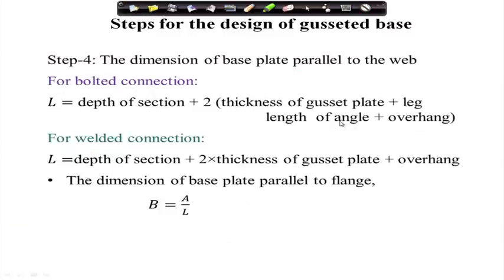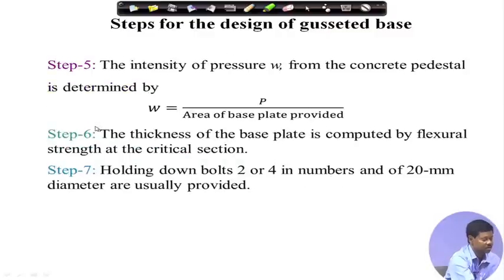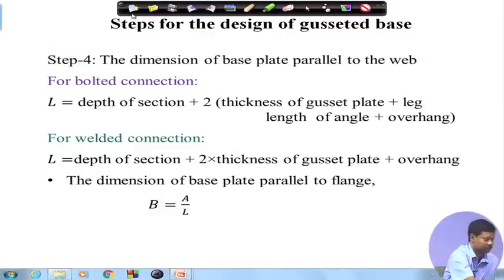Now, in step 4 we will find out the dimension of the base plate, which is parallel to the web. The dimension of the base plate we can find out in this way: the depth of section plus twice the thickness of the gusset plate plus leg length of angle plus overhang.